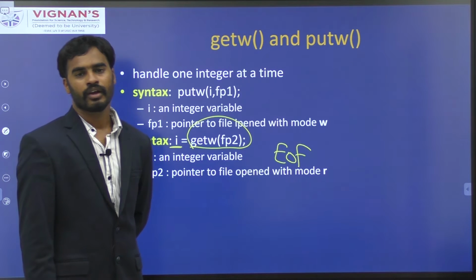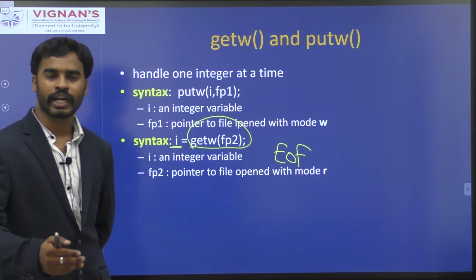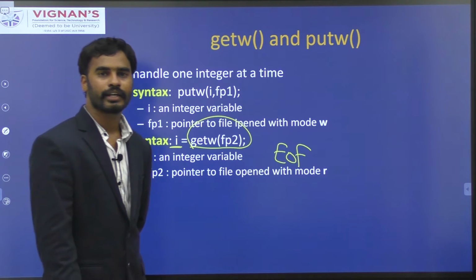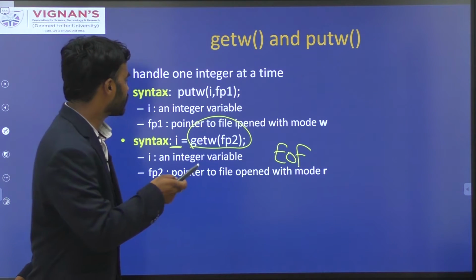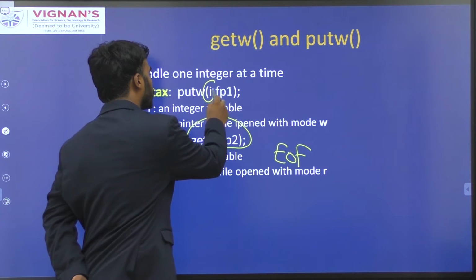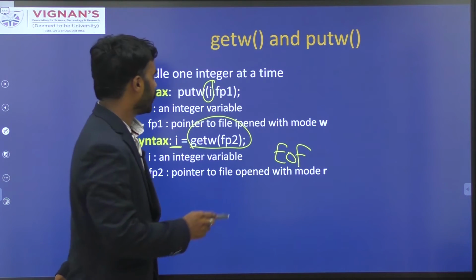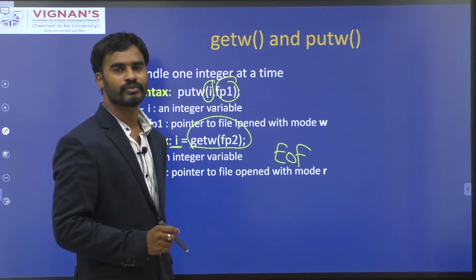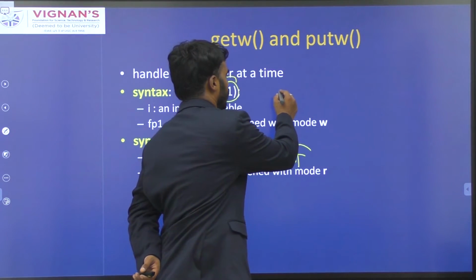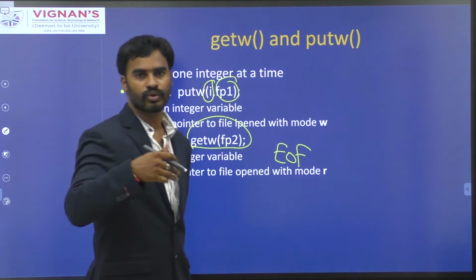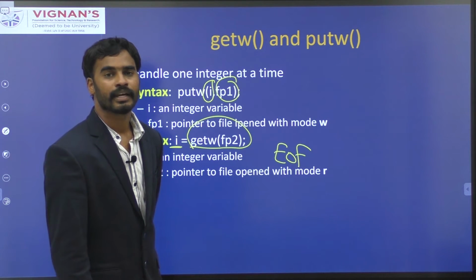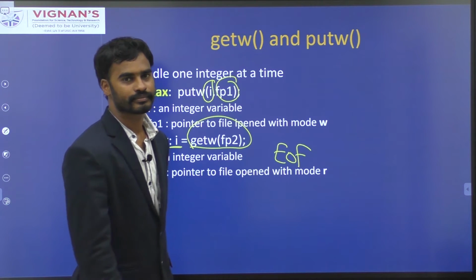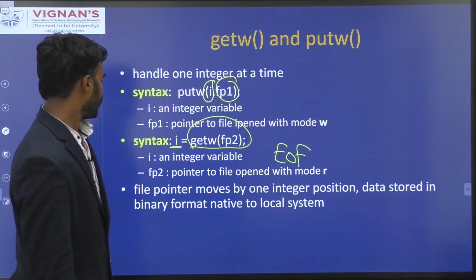In the same way, the putw function is to write one integer to a file. It takes two parameters. One is the integer you would like to write, and the next one is the file pointer, the file in which you are going to write it.